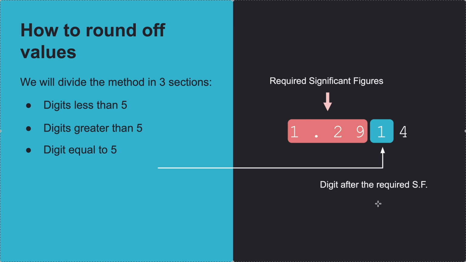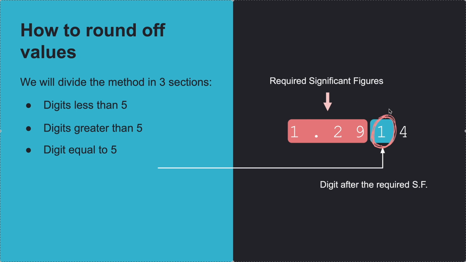The whole rounding off method is based on the digit that comes right after the required significant figures, which is the digit enclosed in the blue box here, and this may affect a change in the last significant figure.